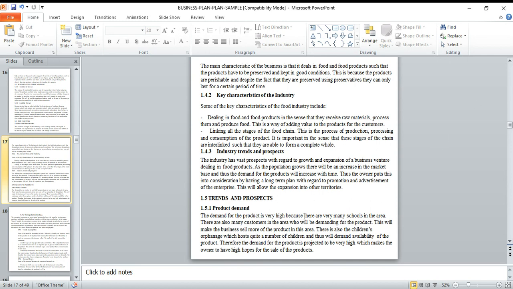So the product demand, you can see, I've described the product demand, and I'll link it to the customer base that is available. So you can see the demand for the product is very high because there are very many schools in the area. There are also many customers in the area who will be demanding the product. This will make the business sell more of the product in this area.